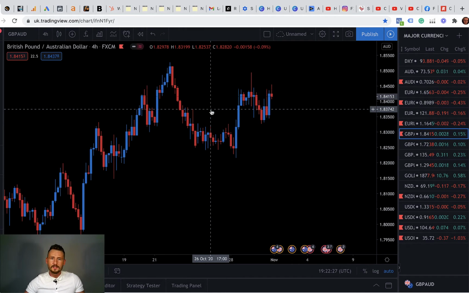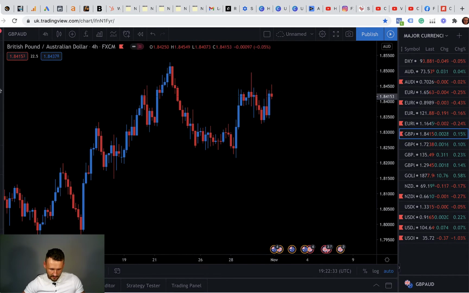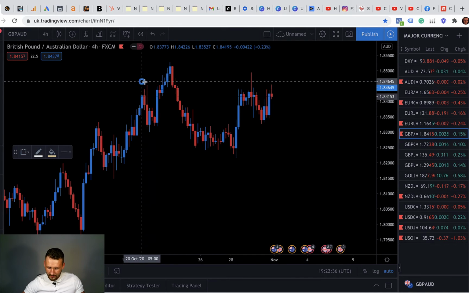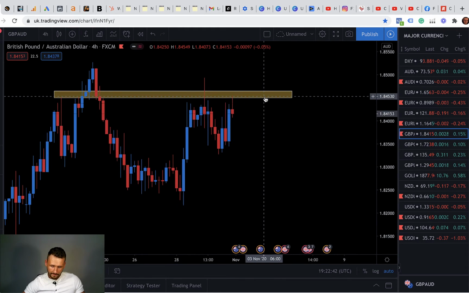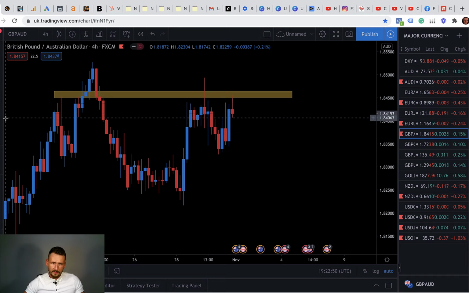This is just an example, this is not a trade that I would place, I'm just showing you an example. I don't want anybody to start putting on this trade and then emailing me saying I lost them any money. So if you look at this, say for example we had a double top here, and we wanted to enter a sell position.